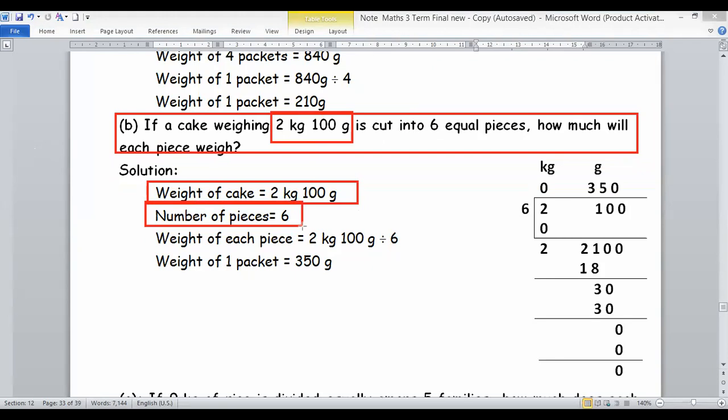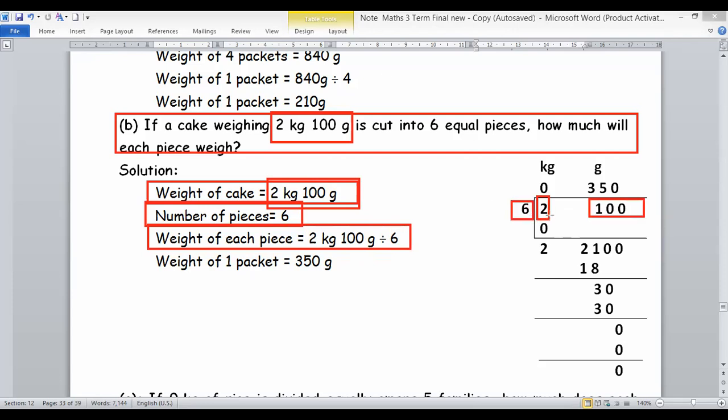So the required number of pieces is 6. To find the weight of each piece, you have to divide the weight of the whole cake by 6. So here you will write kilogram and gram in vertical form, and then you divide as you did above. 2 kg and 100 gram divided by 6.